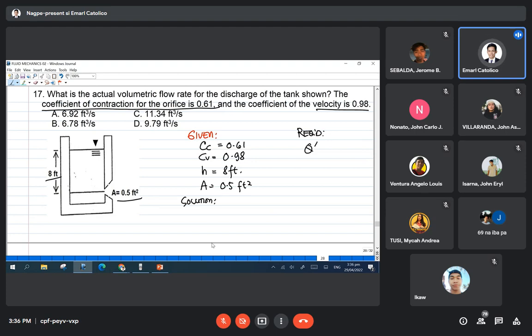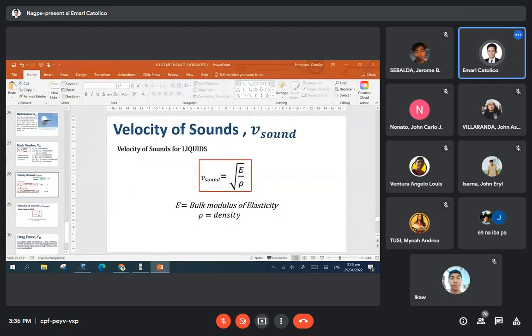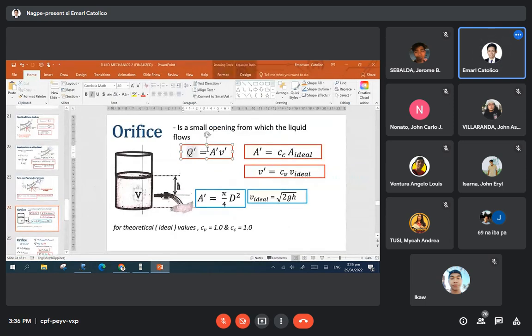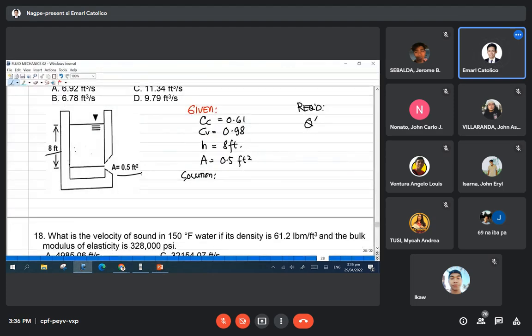So, since meron tayong coefficient of contraction and velocity, sa orifice tayo mag-base na formula. Ito. So, Q prime is A prime times V prime. So, CC times CV times area times velocity. So, CC, CV, area ideal, times velocity ideal.